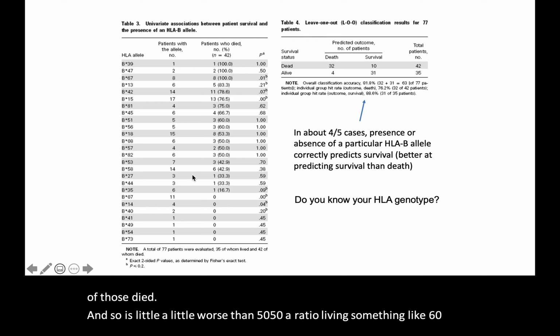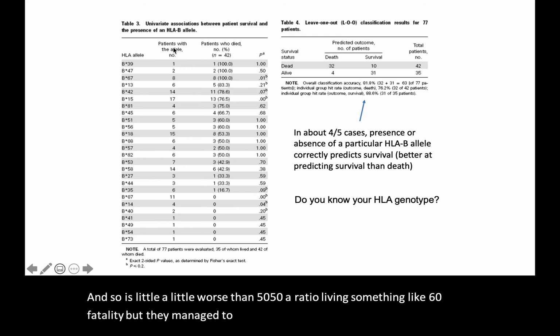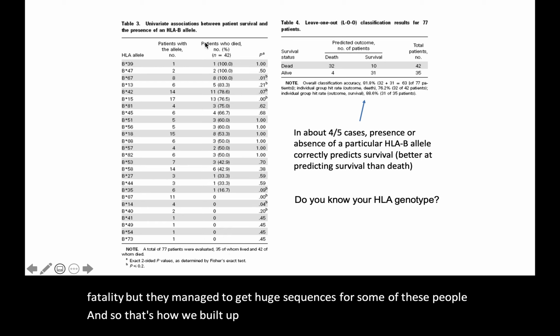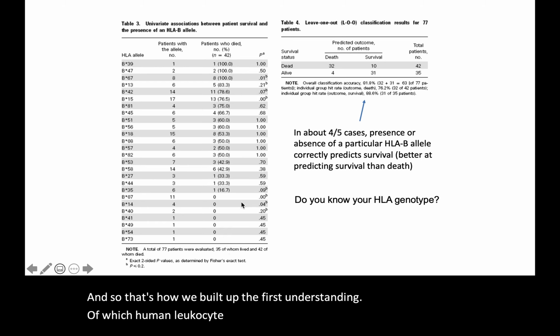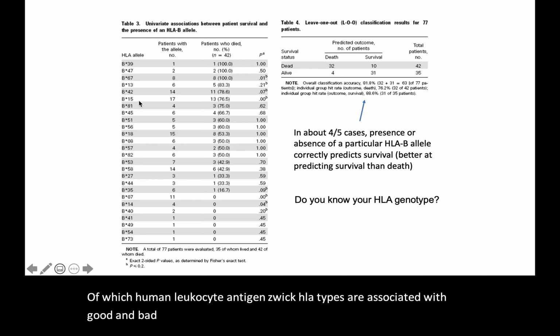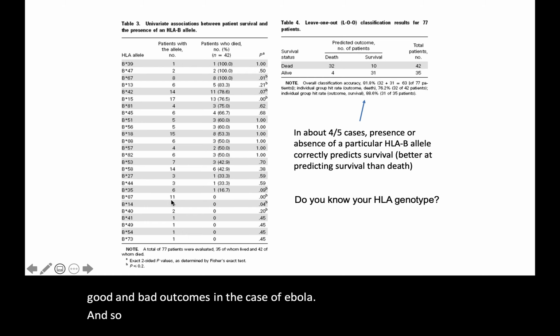But they managed to get HLA-B sequences for some of these people. And so that's how we built up the first understanding of which human leukocyte antigens, which HLA types, are associated with good and bad outcomes in the case of Ebola. And so here's HLA-B7. You had 11 patients that had it, and they all survived. 0 died.